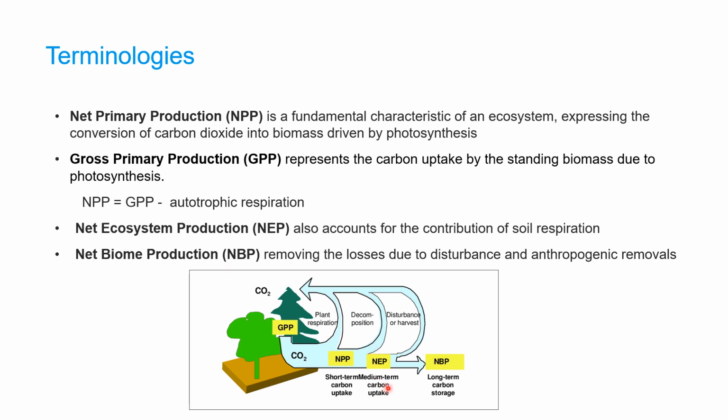The NEP represents the medium-term carbon uptake, and it's after the decomposition, and NBP represents the long-term carbon storage, which is a net flux after removal of losses due to disturbance and anthropogenic factors.